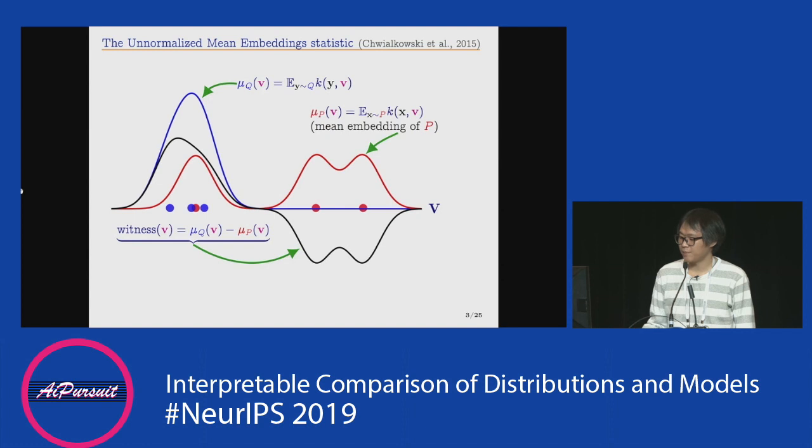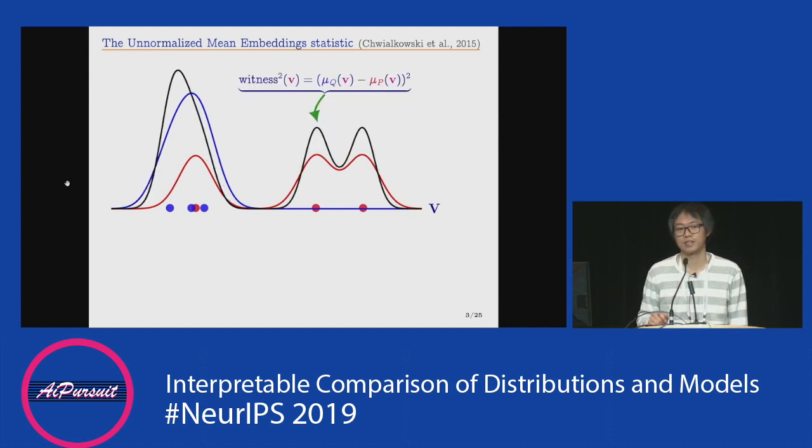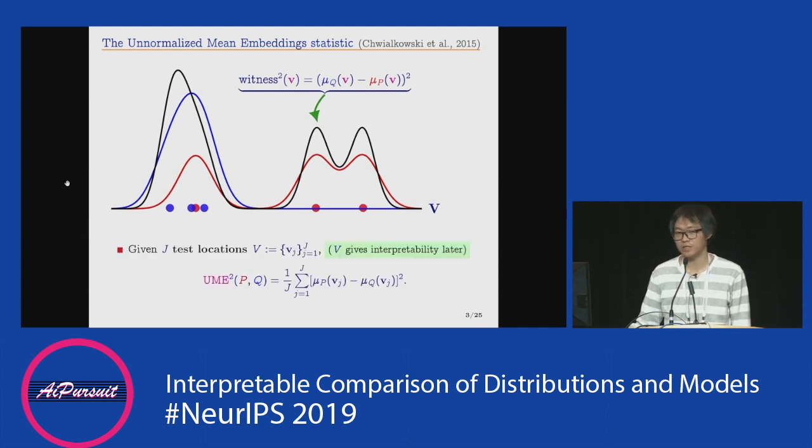It also turns out that the magnitude of the witness function indicates the difference of P and Q. So we can square the witness function, and evaluate this squared witness function at some locations, which I will denote by V_1 to V_J. These are what we call test locations. These J test locations live in the same domain as your data. Later we will optimize these J locations to give interpretability. They will tell where P and Q differ. But for now, let's pretend that they are given.